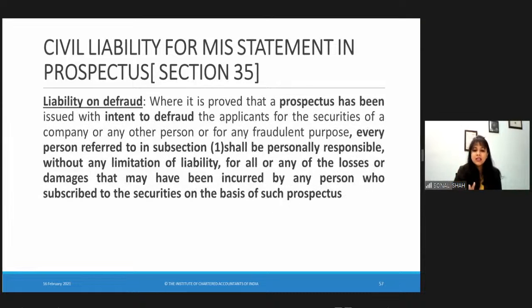So this is the civil liability for misstatement in prospectus. Now, what is the liability on defrauding?